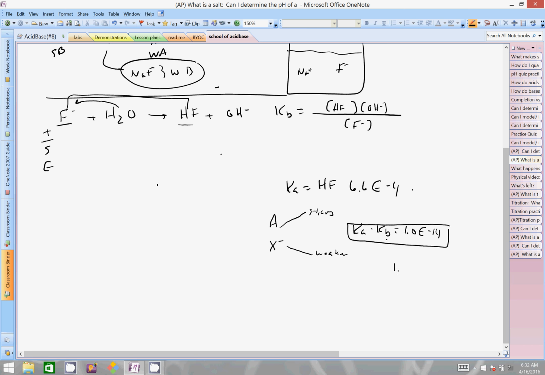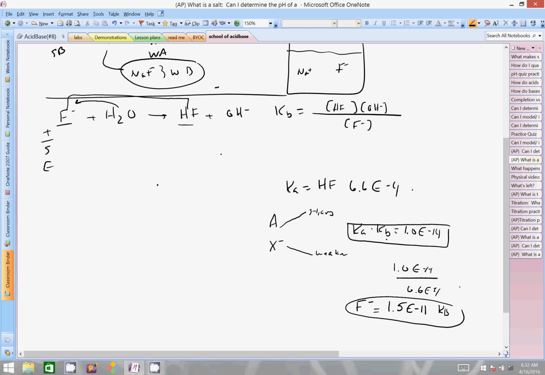So it's going to be, in this case, 1.0 e to the negative 14th divided by 6.6 e to the negative fourth, and I get that the F negative has a Kb value of 1.5 e to the negative 11th, and this is the Kb value that I would use for this process.